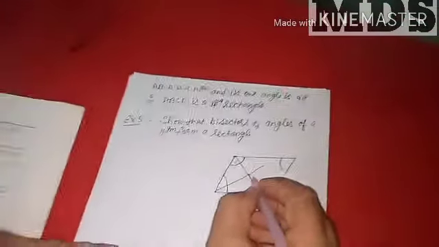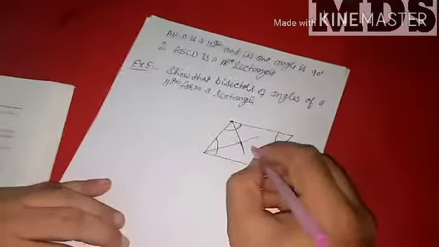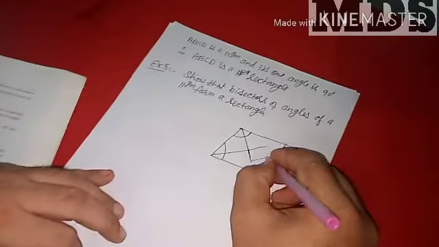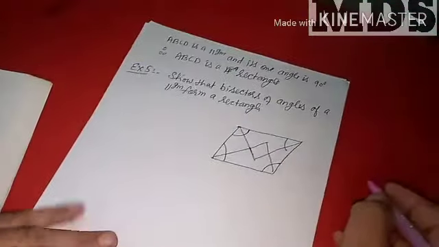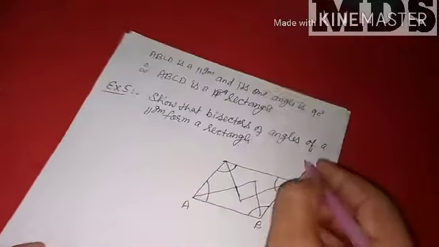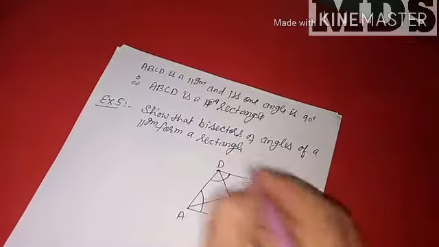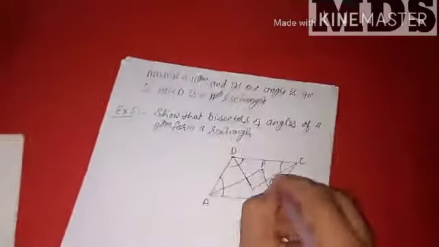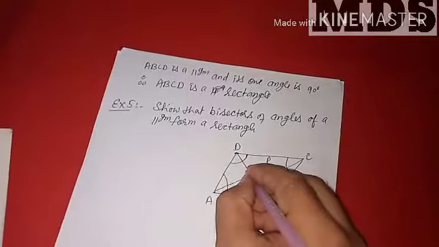Understood? This and this go like this. This is the bisector of this, and this is the bisector of this. Understood? Its name is ABCD, and you can name the inner one PQRS.